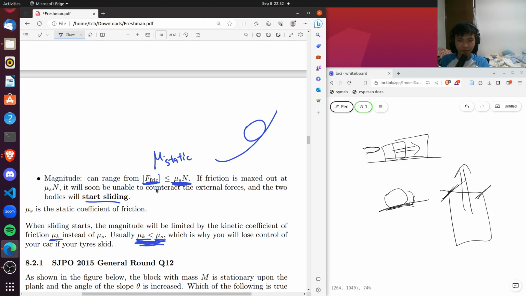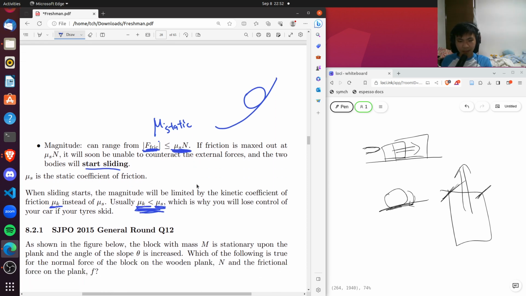So that means your maximum frictional force is less. And because you use frictional force to move the car with respect to the ground, if your car's tires start skidding, then you essentially lose control of the direction of your car, and that is dangerous.